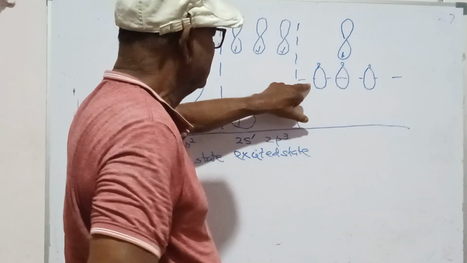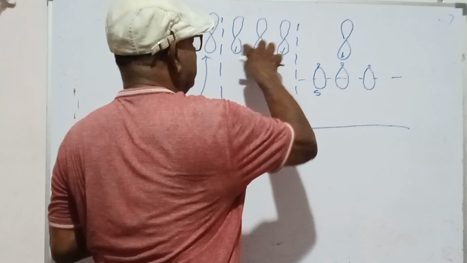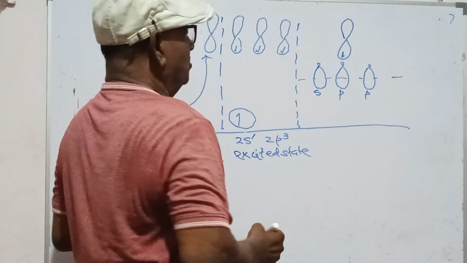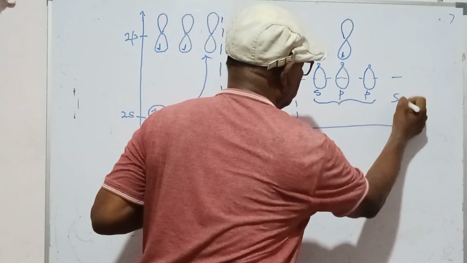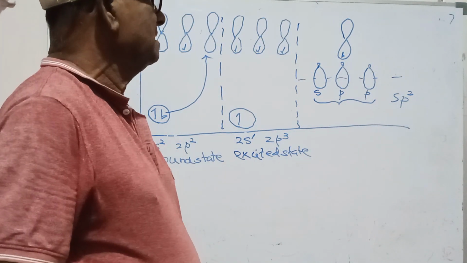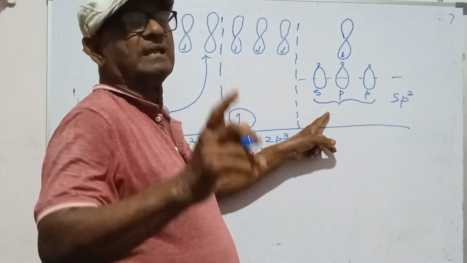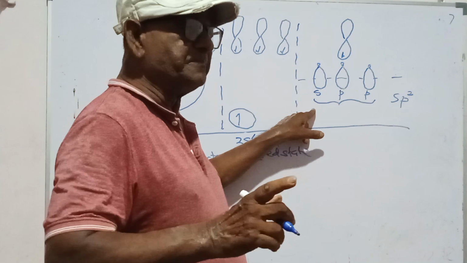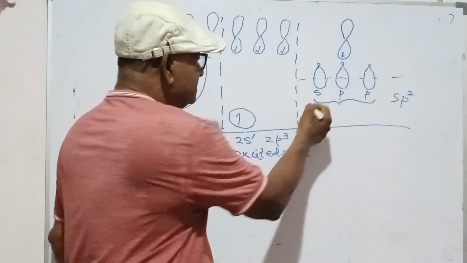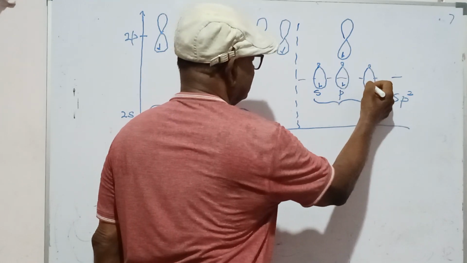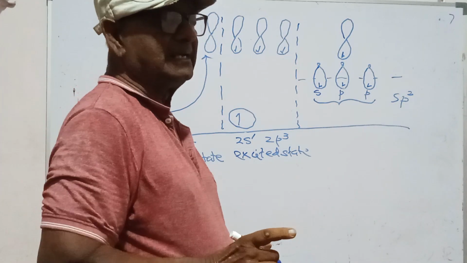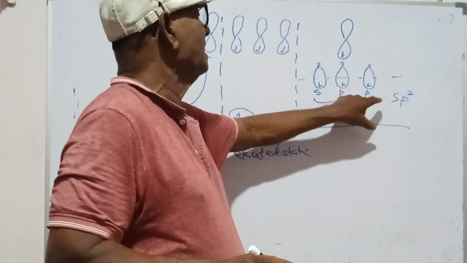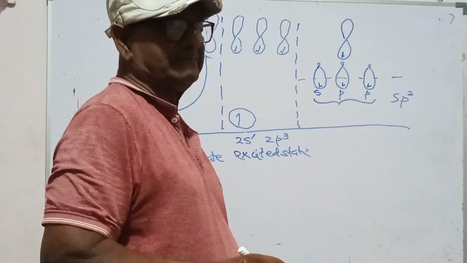Out of the three p orbitals, only two come down. This is the sp2 hybridization, because as a result there are only three identical orbitals having the same shape and energy. These are the three hybridized orbitals. So during sp2 hybridization, only two p orbitals join with the s orbital to give the identical orbitals.